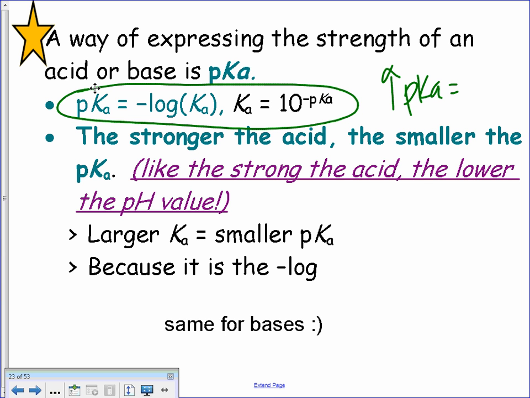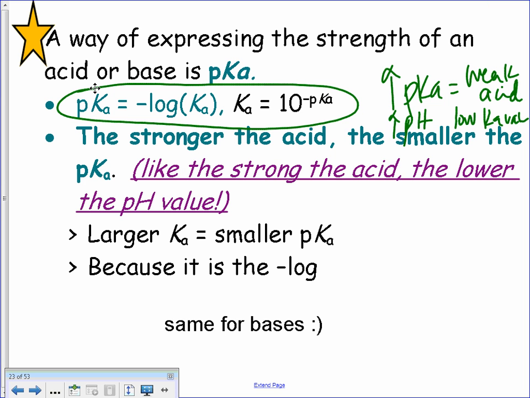So a high pKa value would mean that it's taking, so just like, okay, tell me this, a high pH value, what does that tell me about the acid? It makes low numbers of hydrogens, so it's also a weak acid. So that's the same way. If I have a high pKa value, it's a weak acid because it's got a low Ka value.